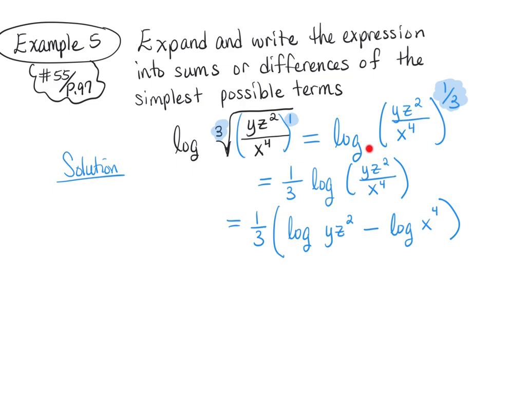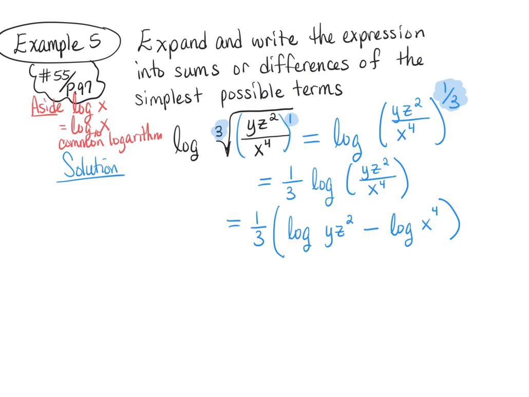Now, remember, whenever we do not write the base, that's an understood 10. So that's called our common logarithm. So an aside: the log of x is the same thing as log of x base 10. That's our common logarithm. So this is just terminology.